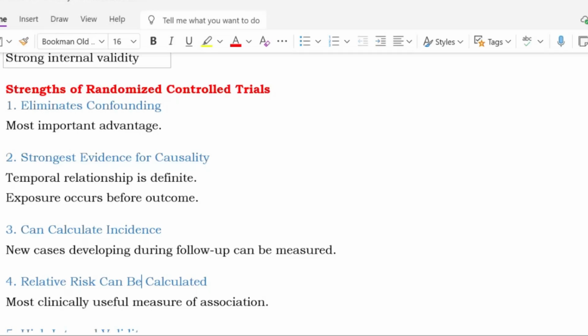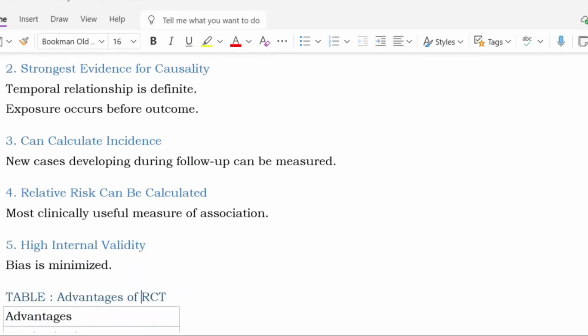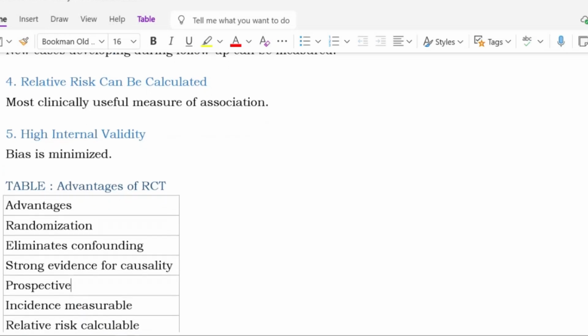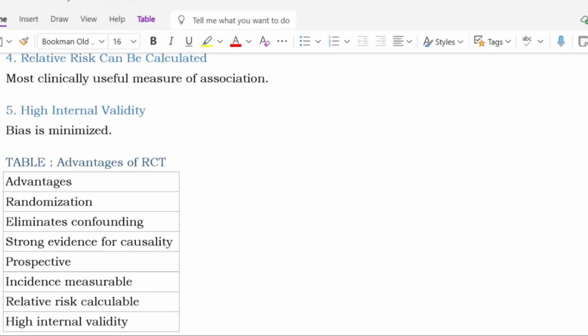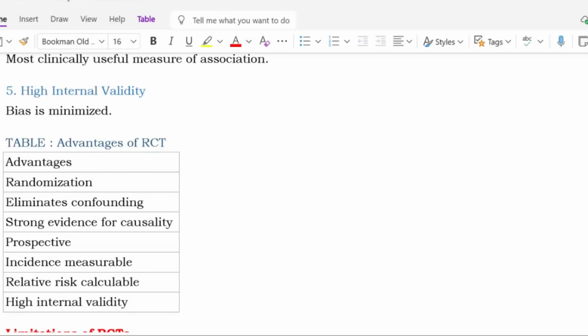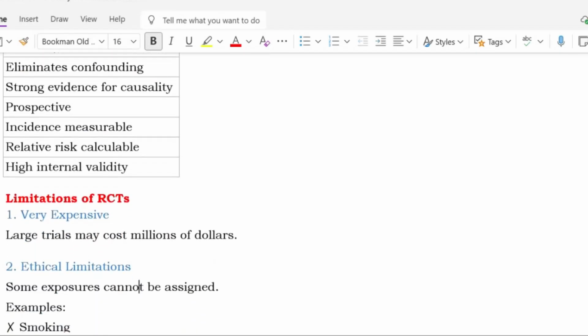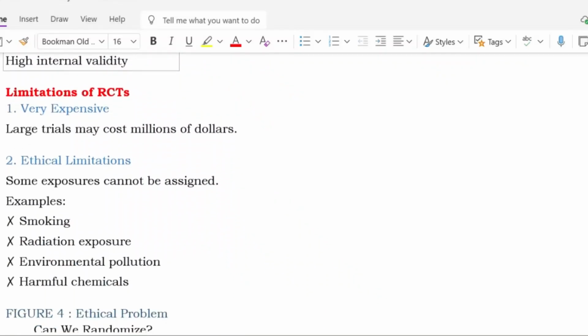You can calculate incidence, as new cases developing during follow-up can be measured, and relative risk can be calculated, the most clinically useful measure of association. There is high internal validity, and bias is minimized. So the advantages: randomization, elimination of confounding, strong evidence for causality, prospectiveness, incidence is measured, relative risk is measured, and high internal validity.